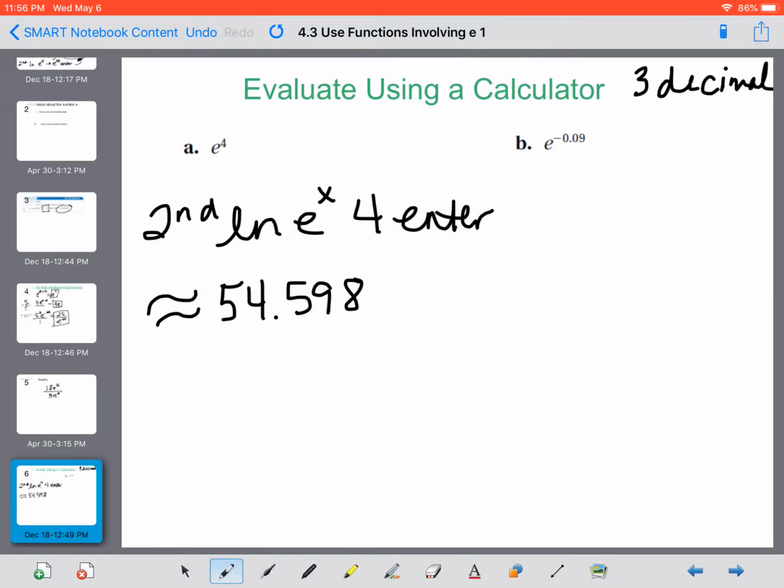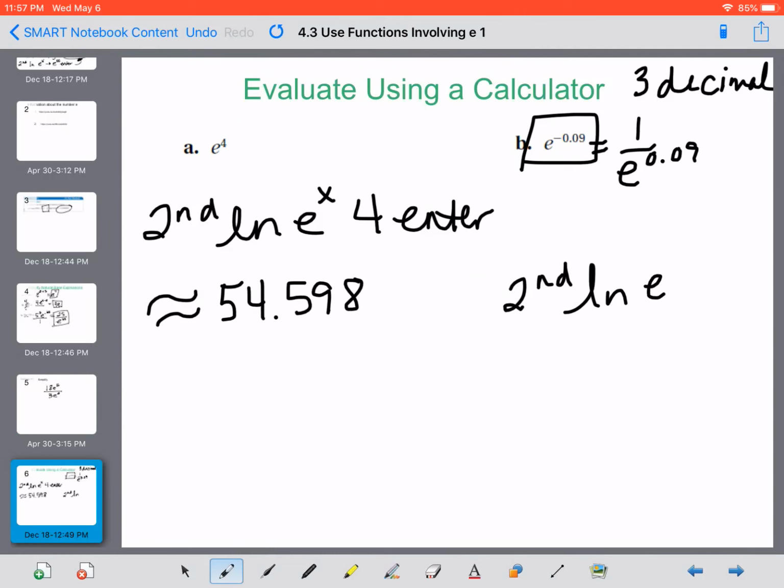Okay, now part b, it's e to the negative 0.09. Now this number here, because you have a negative exponent, that's the same as saying the reciprocal of e to the 0.09. So that would be 1 over e to the 0.09. But you can still enter that into your calculator with a negative exponent. So again, you would hit second ln, e to the x, and then you would enter in the exponent.